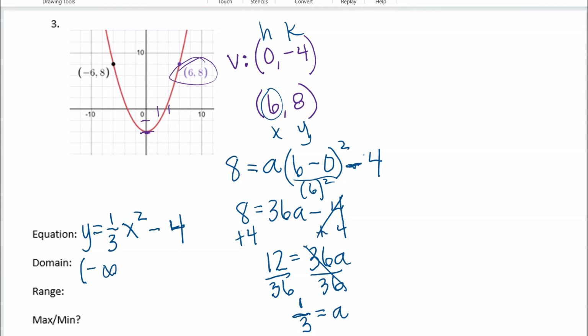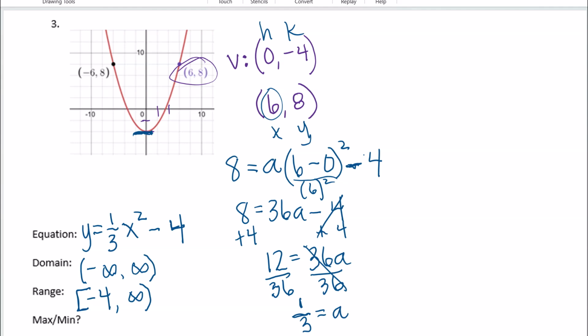All right, that makes the domain still going to be everything, negative infinity to infinity. And the range looks like the lowest value that it touches is that negative 4.